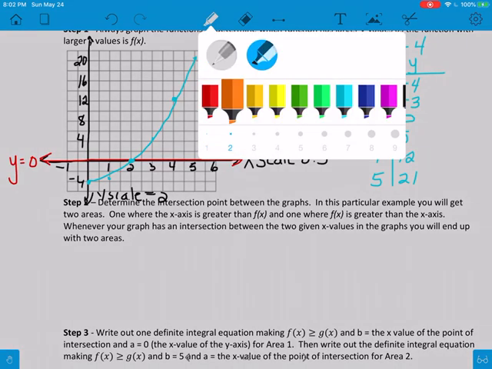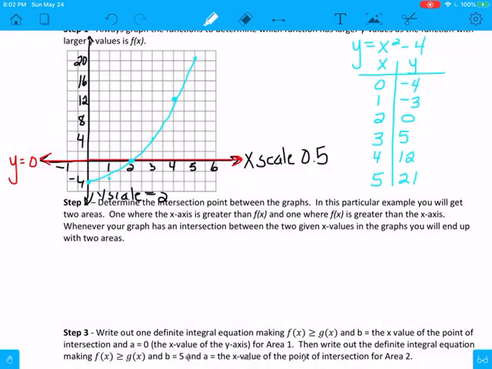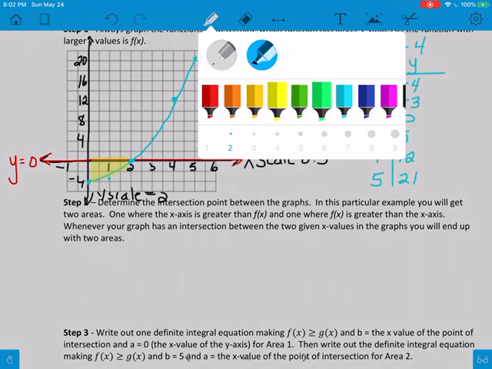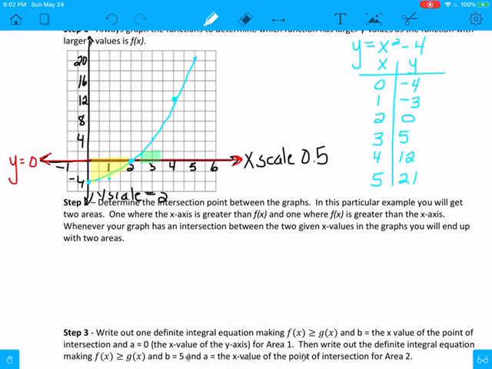Now this is where it's going to be different. Okay, this is one area shaded between the two. But look, it changes. And you will get something like this. And then this is to 5. So this is the other area. What's the change? We have two separate areas.